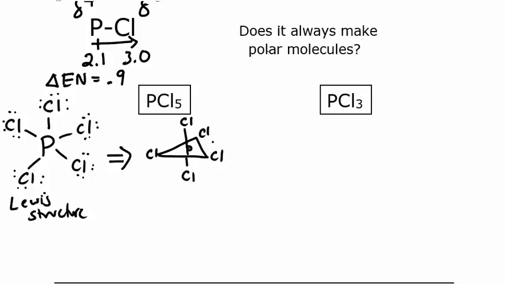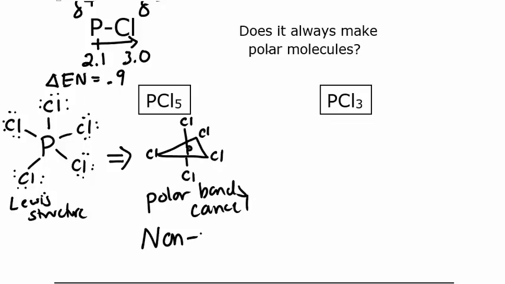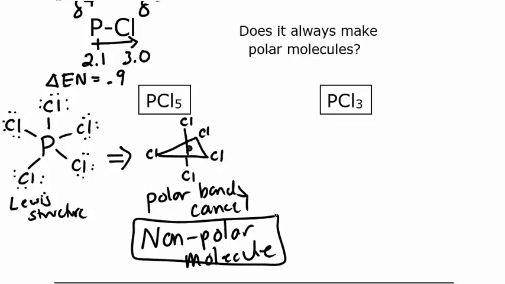So all the polar bonds in this molecule will cancel, which yields a nonpolar molecule. So the answer to this question, does it always make polar molecules if you have a polar bond? The answer is clearly no.